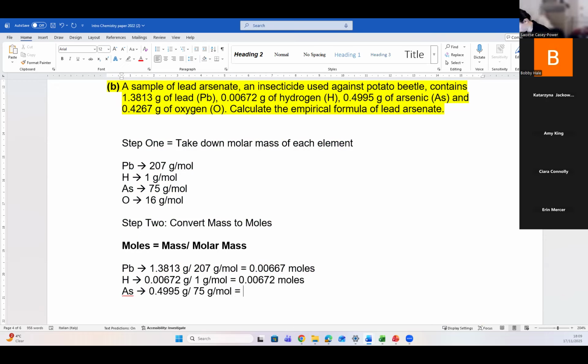Does anyone just want to call out what they got for that one, just so I can double check we're all on the same page? 0.00666? Yeah, perfect. And then our oxygen is 0.4267, and that's going to be divided by our 16 grams per mole.